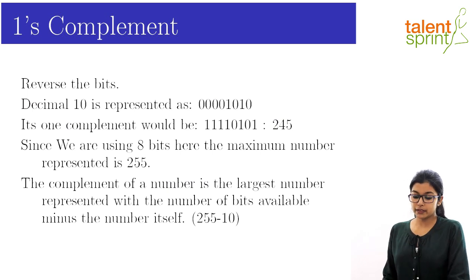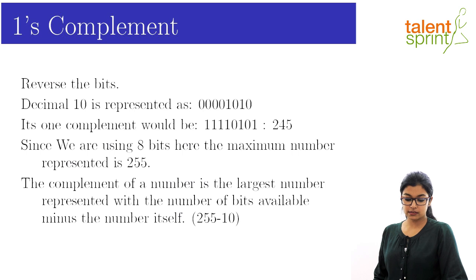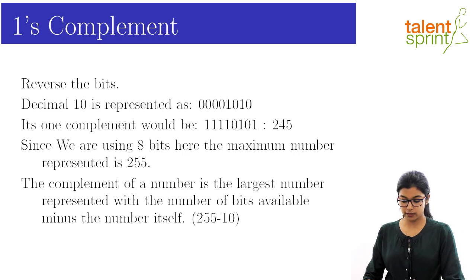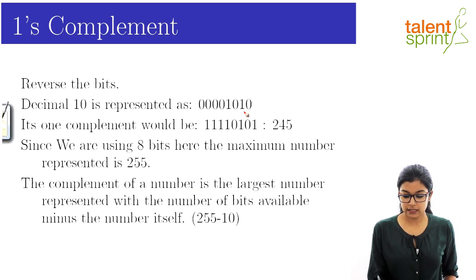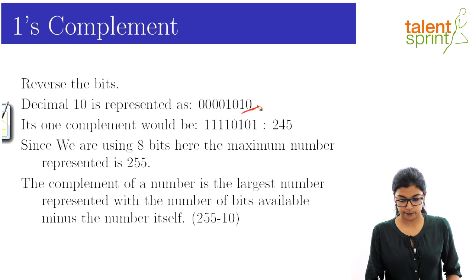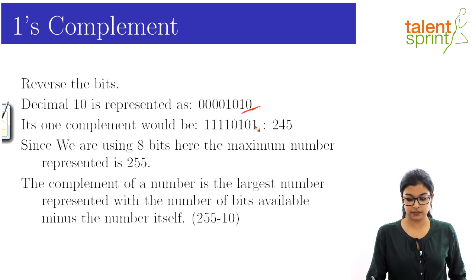So the complement of a number is the largest number represented with the number of bits available minus the number itself. Okay, so as we see here, this is the representation of decimal 10. Now we reverse the digits. So this is the 1's complement of decimal 10, which is 245.